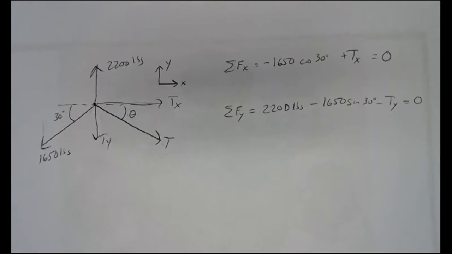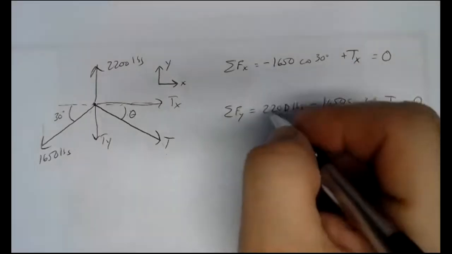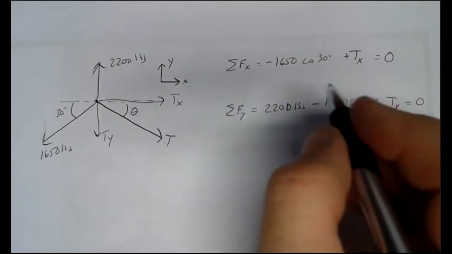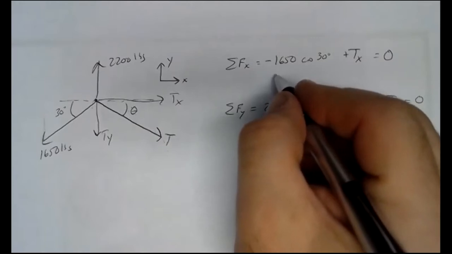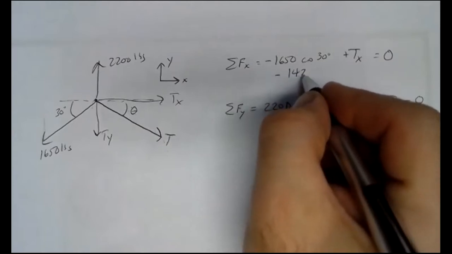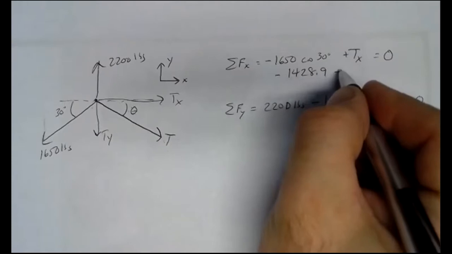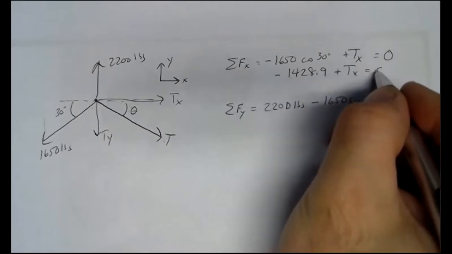So in x, we have negative 1650 cosine of 30. And they wanted 3 sig figs, so I'm going to keep 5 in my intermediate terms. So this will be negative 1428.9 plus Tx equals 0.